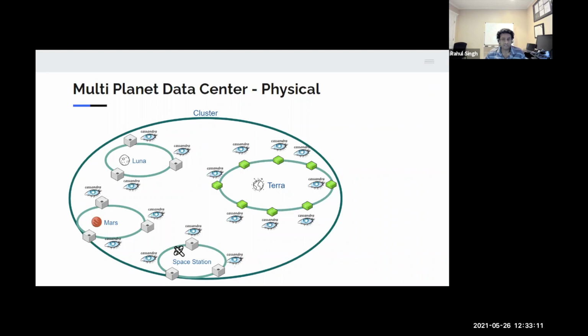It's possible, as long as it runs TCP/IP, right, on IP version 6 or IP version 4, Cassandra can do the same thing it's doing at an interplanetary scale as it does on a planetary scale and as it does on a national or regional scale.